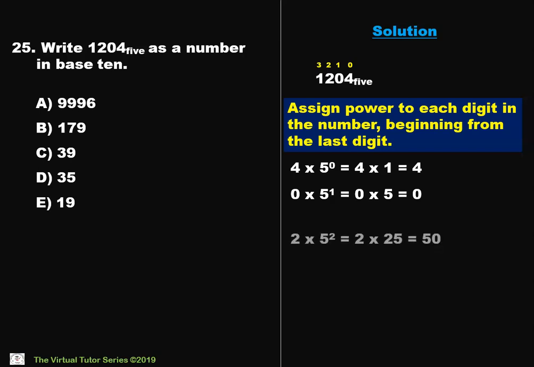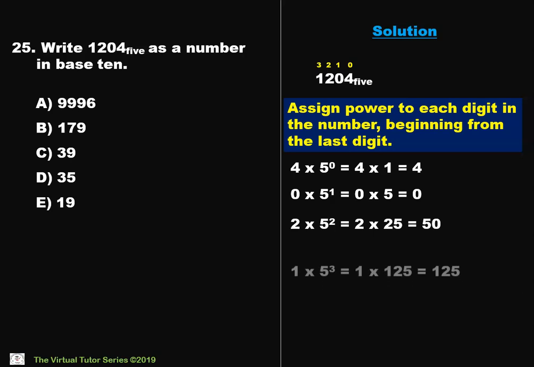Next, we have 2 times 5 raised to the power 2. 5 raised to the power 2 is 25, and 25 times 2 is 50. Finally, we have 1 times 5 to the power 3. 5 exponent 3 is 125, and 1 times 125 is 125.